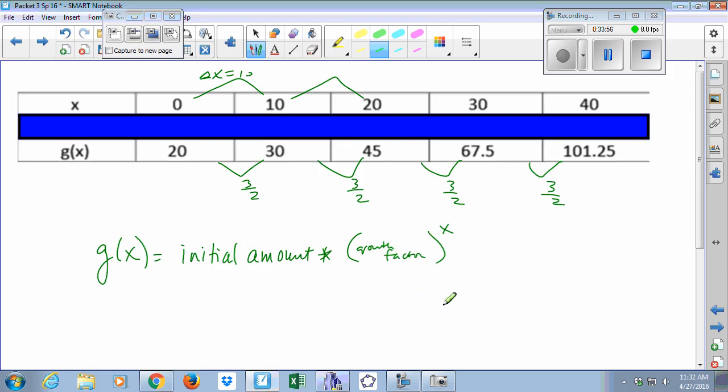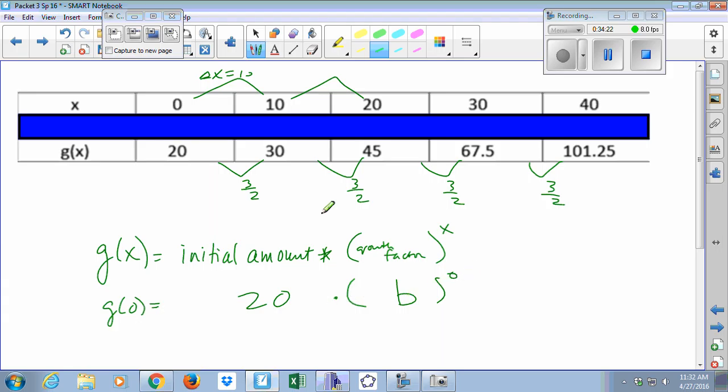Matt? We have the initial amount, right? When x is 0, look, g of 0 equals what? Whatever this b is here, right? Whatever it is, we know it's 20. The initial value is 20. G of 0 is 20. So b to the 0, whatever our base is 1.